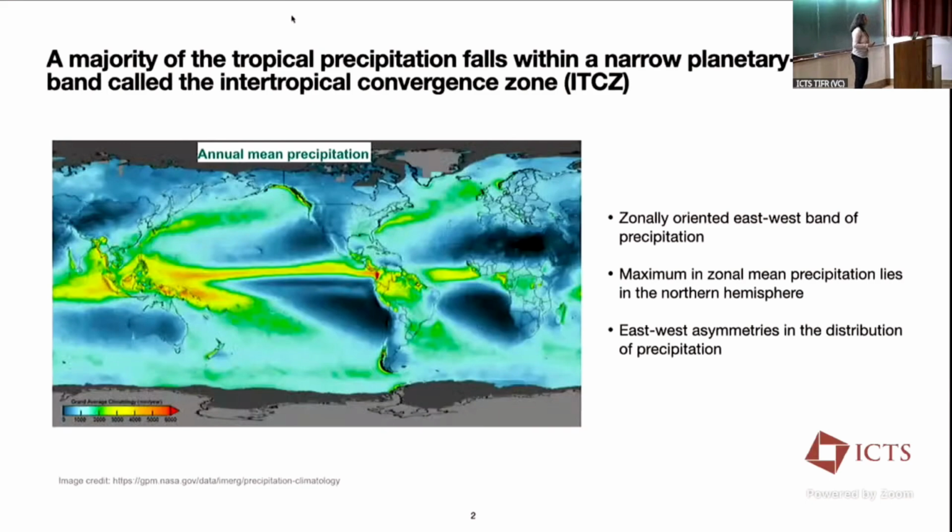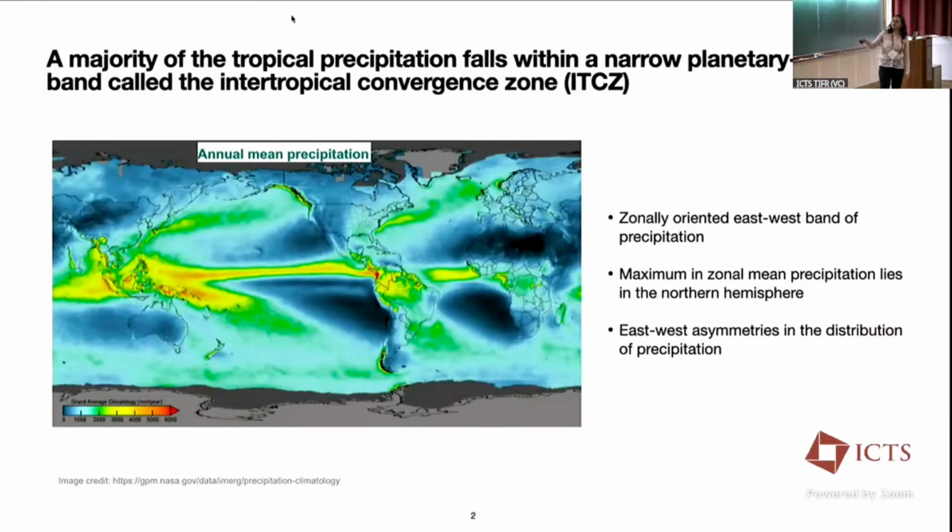Okay, I'm sure I won't be the last person to show you this in this workshop, but this is the annual mean precipitation climatology that you get from IMERG. And the Intertropical Convergence Zone sticks out as this narrow region of yellows and reds in this image.